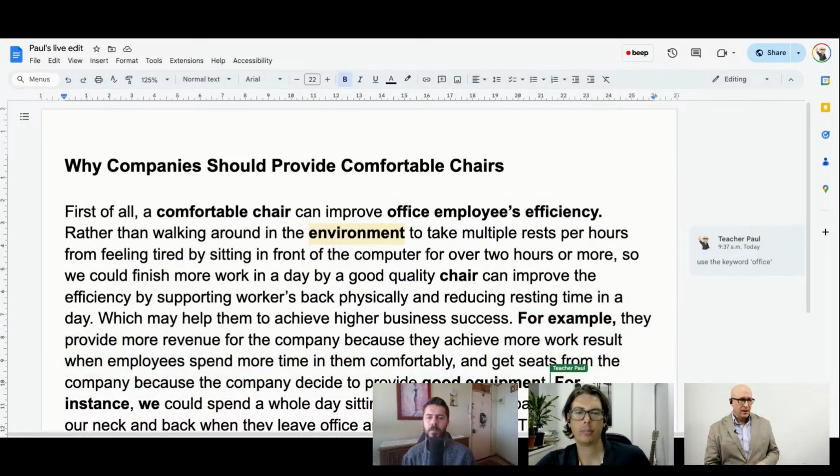And down here we have this phrase, good equipment. And then immediately following that we have, for instance. So I'm expecting an example of good equipment. Instead, I get a little story, a little narration, which is also kind of abstract. We could spend a whole day sitting on it. That's not really an example.